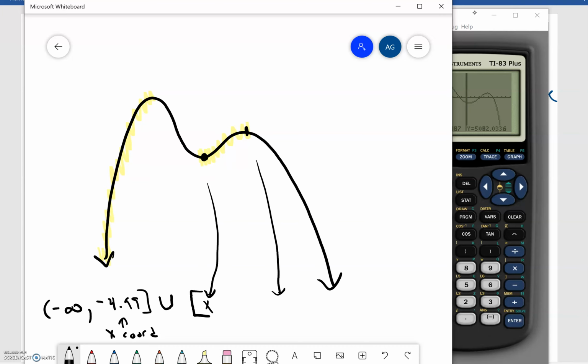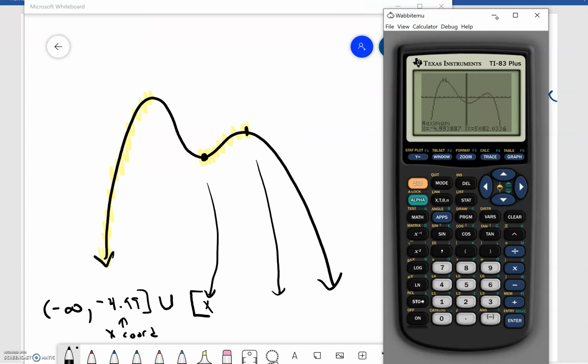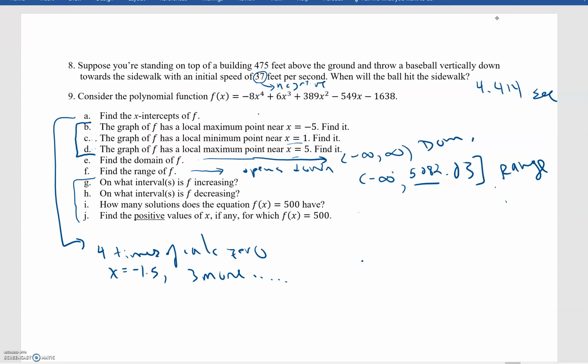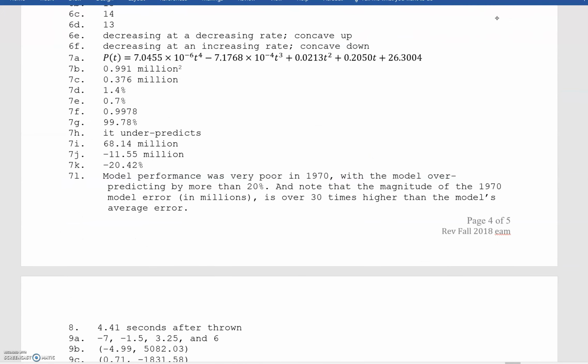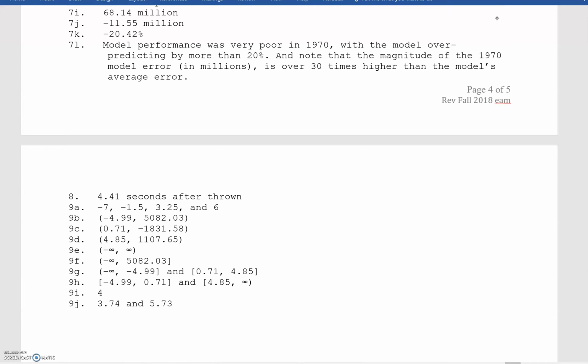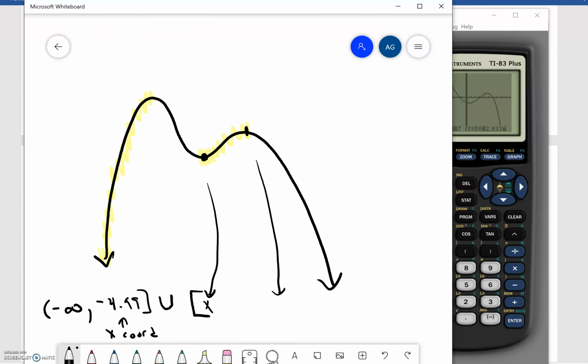So let's cheat. Let's go to the answers just to interpret what it is we're looking at here. So this is G on number 9. So for number 9G, it says 0.71 to 4.85 is the other part of this interval. So what this is saying is that this value right here, its x coordinate is 0.71.